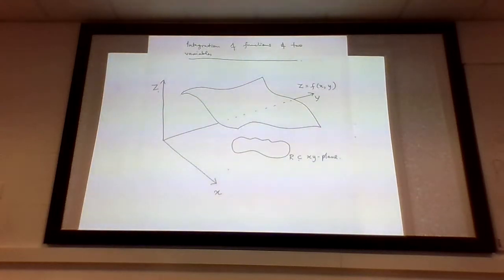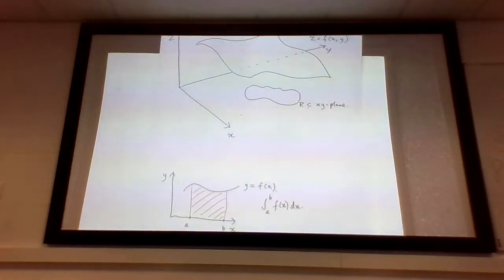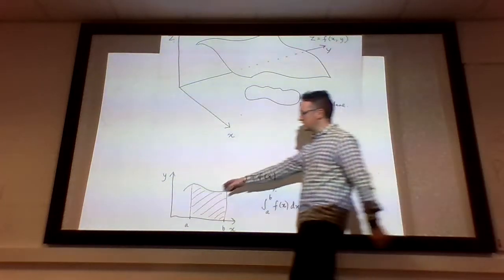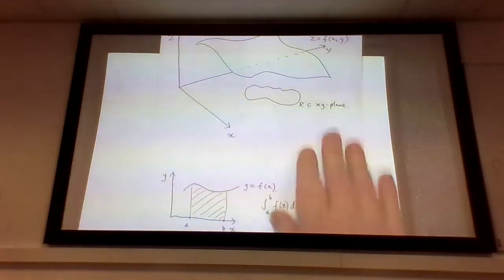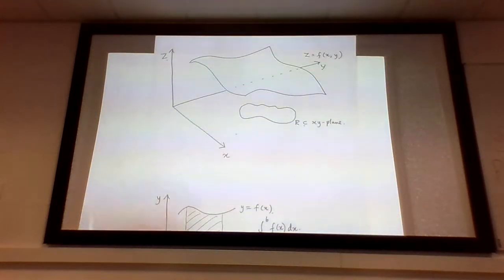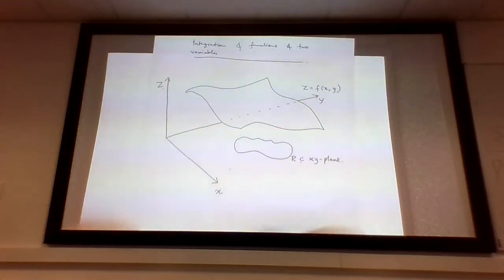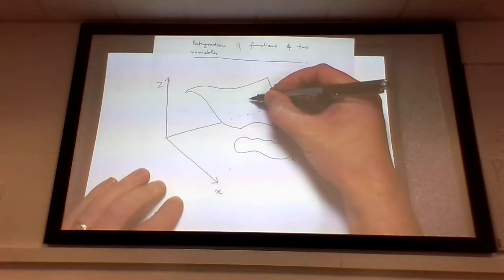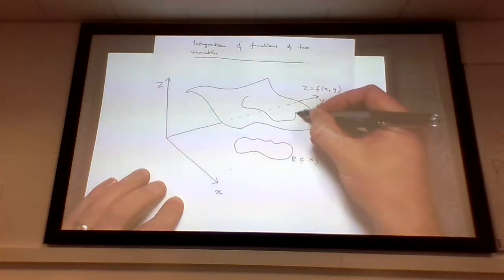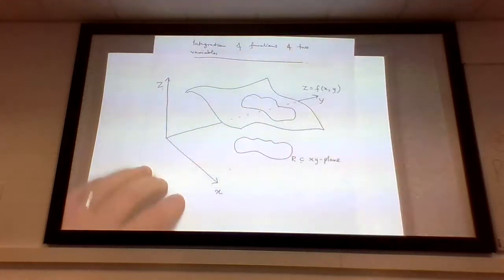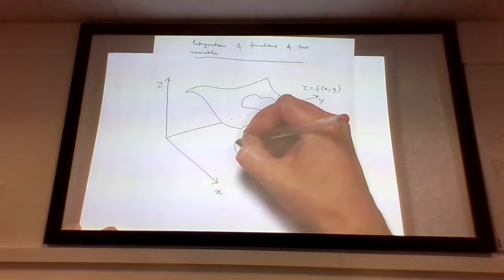And rather than talking about the area caught between the graph of a one variable function and the x-axis, we are going to be talking about the volume that lies over this region, if you project this region upwards onto the surface. It'll have some projection up onto the surface.